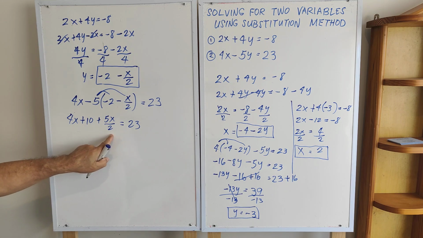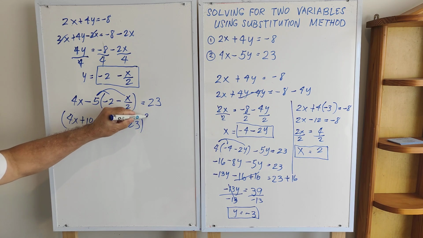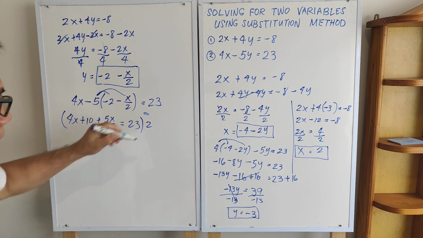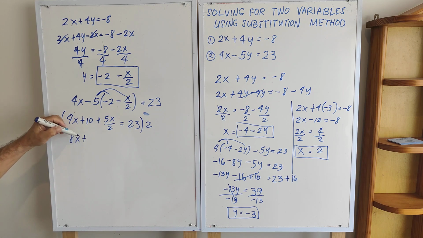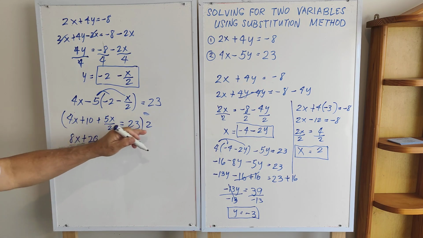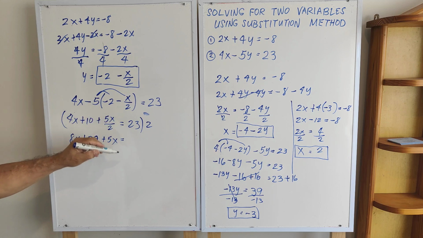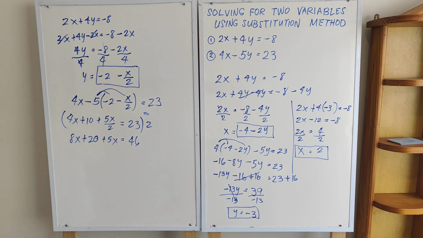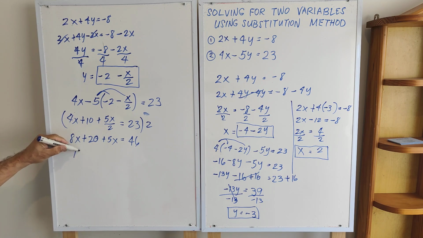So to remove 2, we have to multiply everything by 2. So this one becomes 4x times 2 becomes 8x. 10 times 2 becomes 20. 5x over 2 times 2 will become just 5x because 2 will be cancelled, and then 23 times 2 is 46. Now we can combine 8x and 5x. This is 13x.